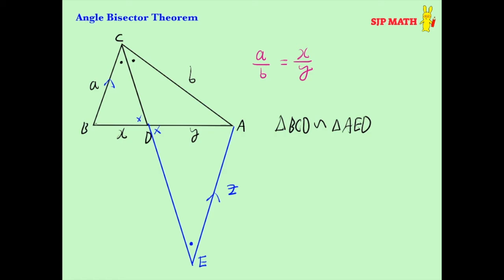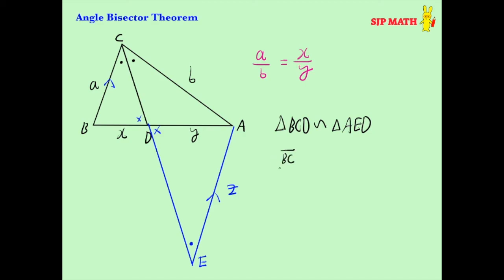So the similarity tells us that the ratio of the length of BC to the length of AE is equal to the ratio of the length of BD to the length of AD. So let's write that down.